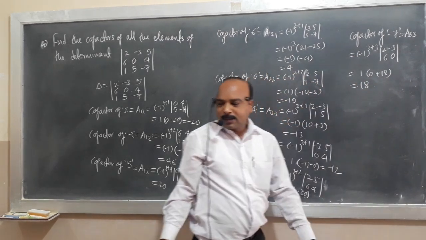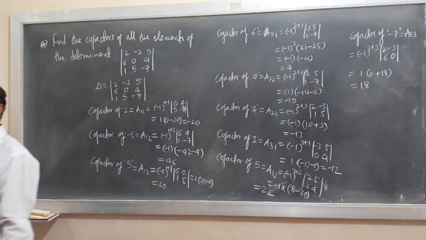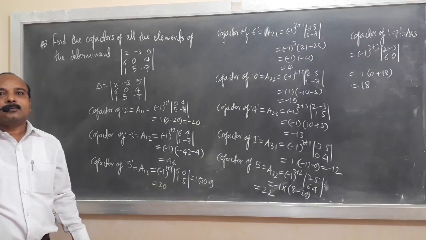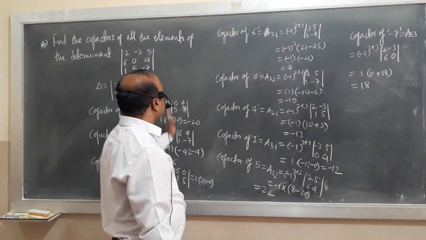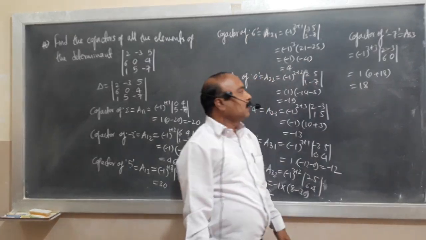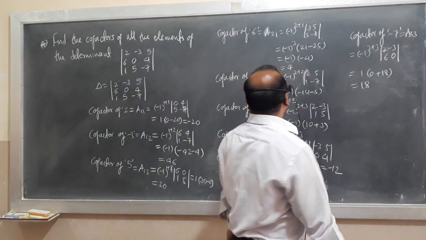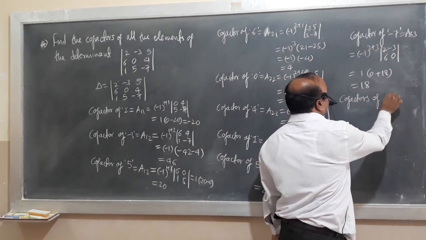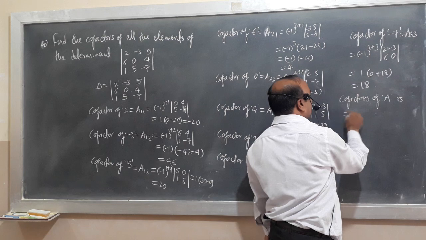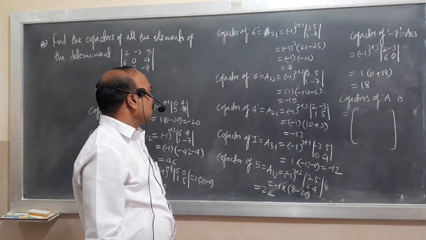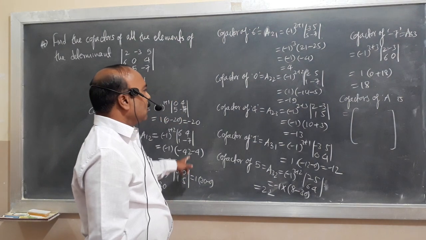So like this we calculate all the cofactors of the given determinant of a matrix. Suppose we want the cofactor matrix for this question. We write like this: the cofactors of matrix A are given by writing all the cofactors in matrix form, which is a third order matrix, along with their positions.